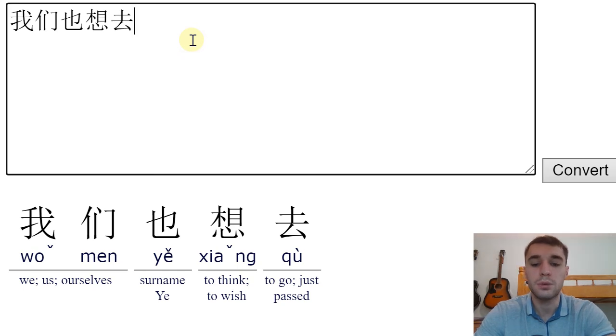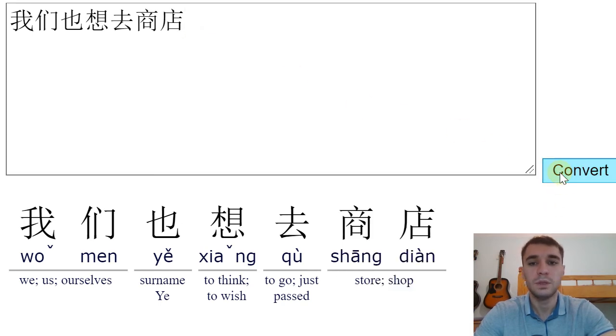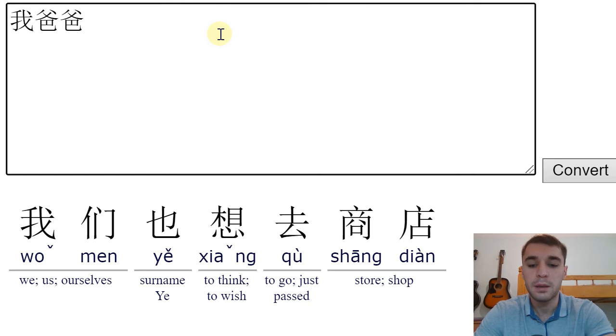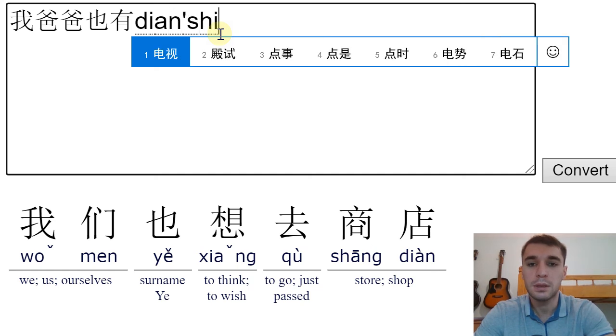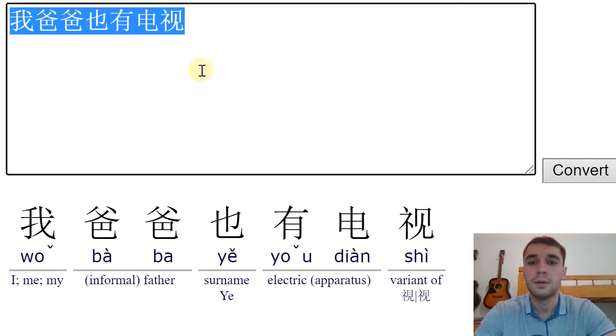For example, 商店, shop. To the shop. Now say for me, please, that my father has a TV set too. 我爸爸也有电视.